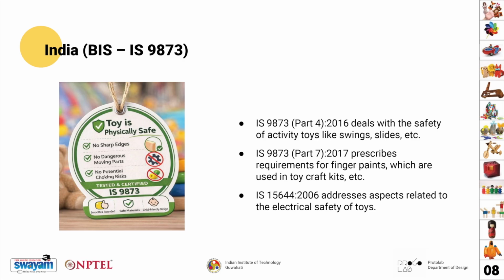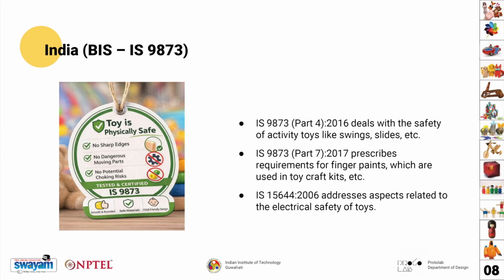Next is IS 9873 Part 8, Age Determination Guidelines. IS 9873 Part 8 provides guidelines for determining the appropriate age group for which a toy is intended.